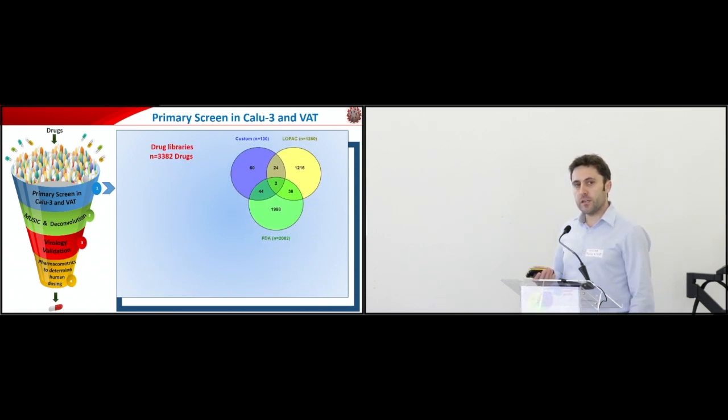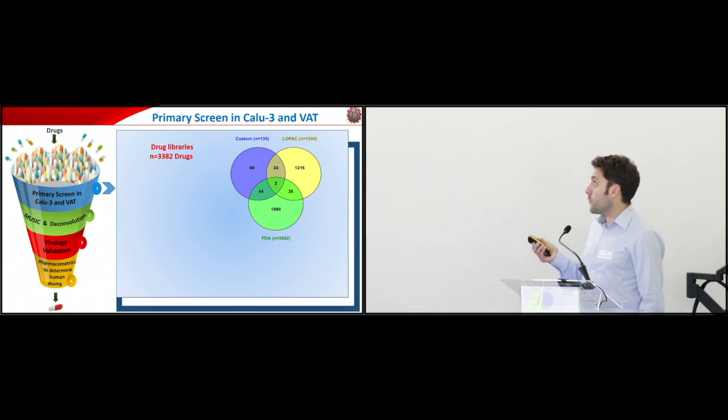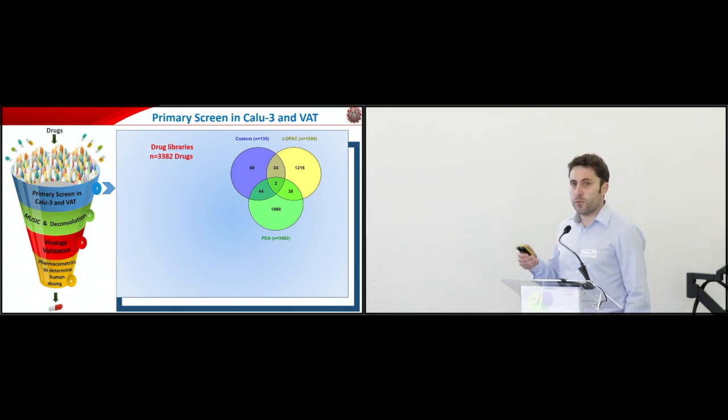We start with three main drug libraries. We designed a customized library, whereby we cherry-picked drugs from the literature. We also used the LOPAC library, which is a library of small pharmacologically active compounds, and a library of FDA-approved drugs.